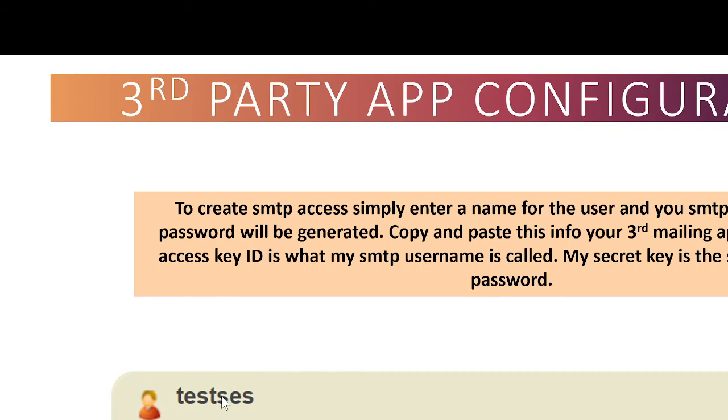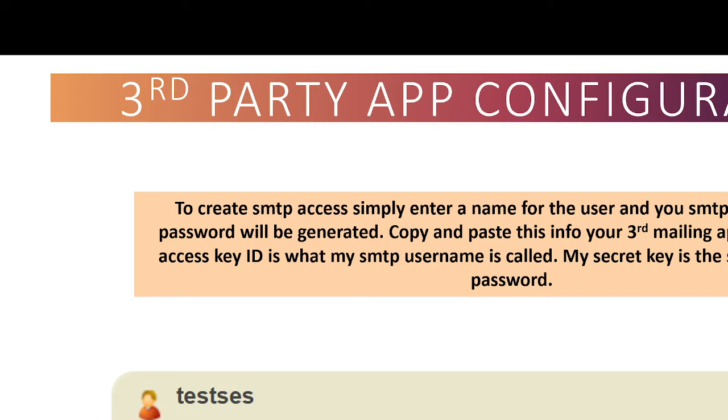To create SMTP access, simply enter a name for the user and your SMTP username and password will be generated. Copy and paste this information to your third-party mailing app.